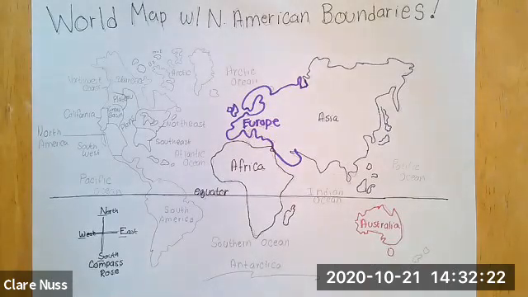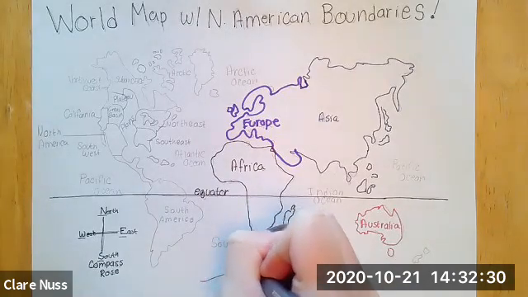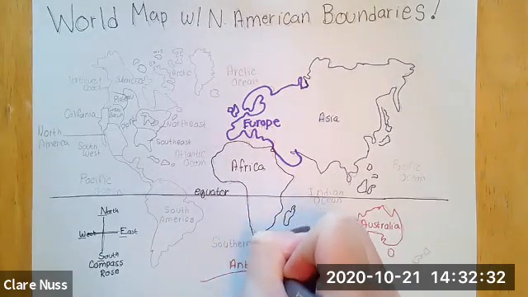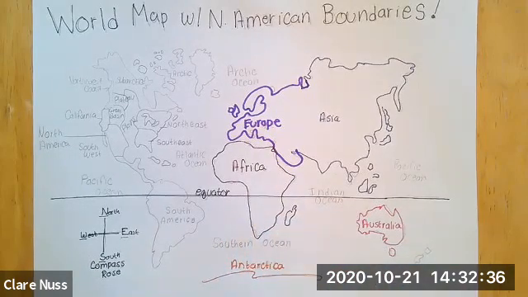Now, if I travel a little further down, then I end up on the continent of Antarctica. Now, Antarctica is the one continent that people don't live on all year round, because it's just so cold and so uninhabitable for humans, meaning it's really hard to live there.